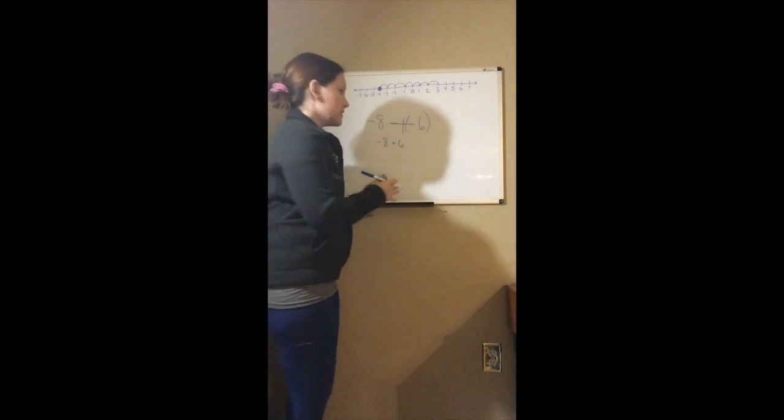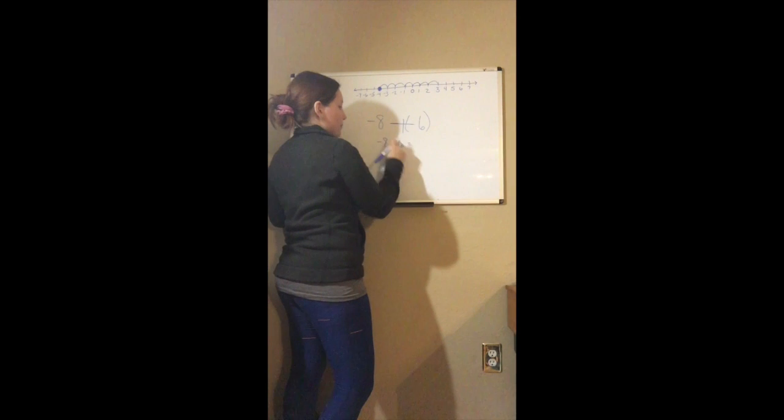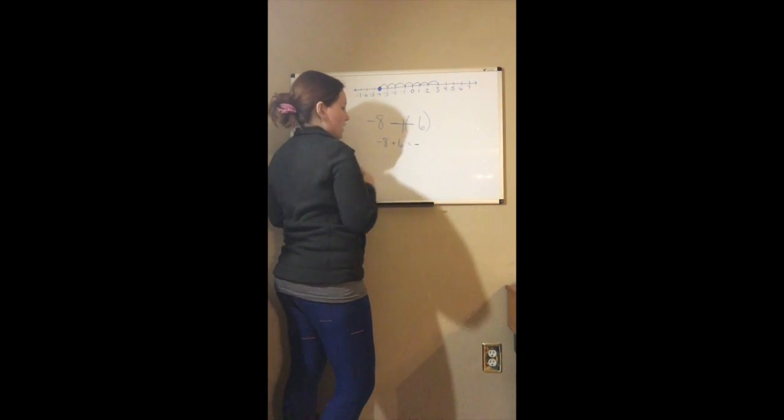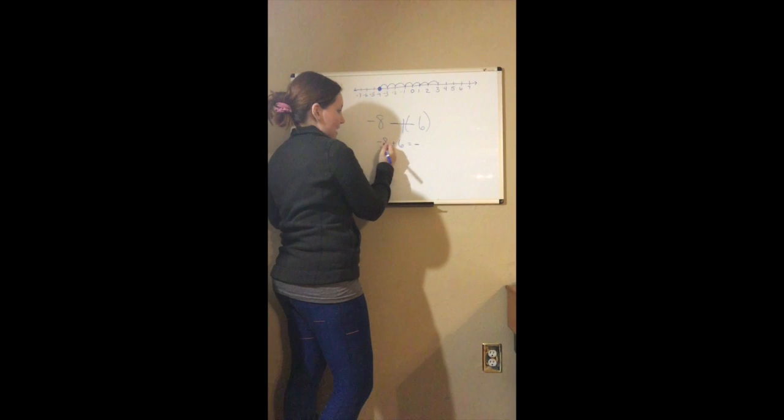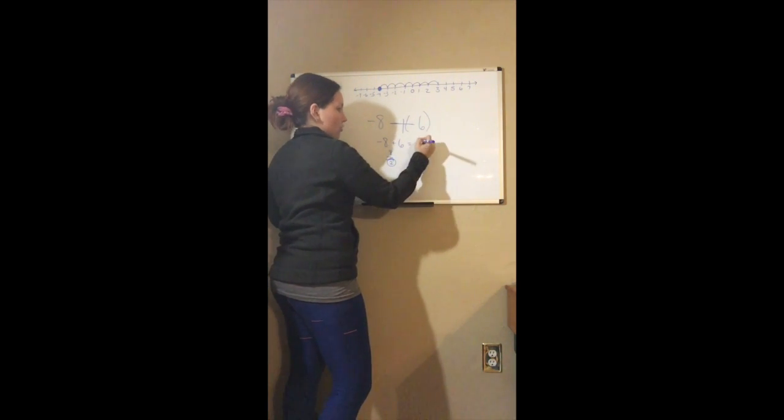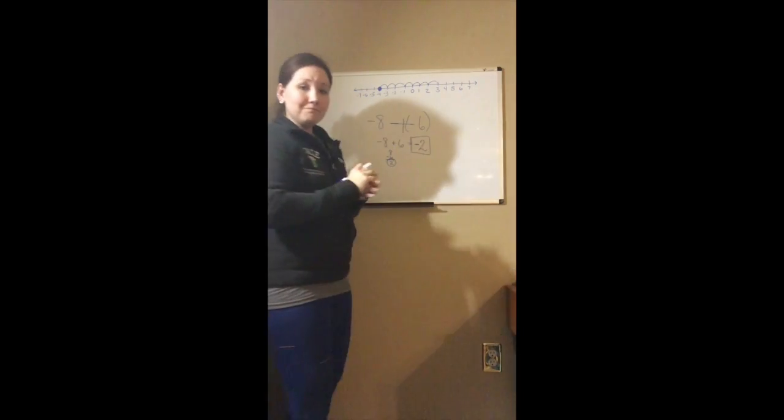Thinking again to some of our rules, the bigger number is 8 and it has a negative, so we know our answer is going to be negative. And we know that 6 are going to cancel out. So if we take 8 and subtract 6 from it, 8 minus 6 is 2, so we know we're going to be left with 2. So then our answer is negative 2.